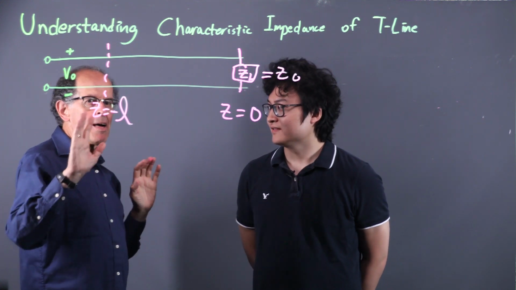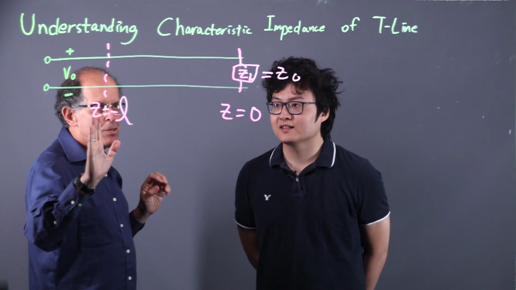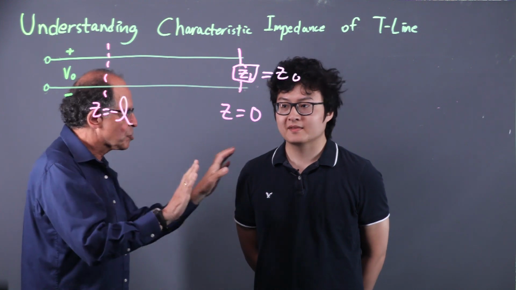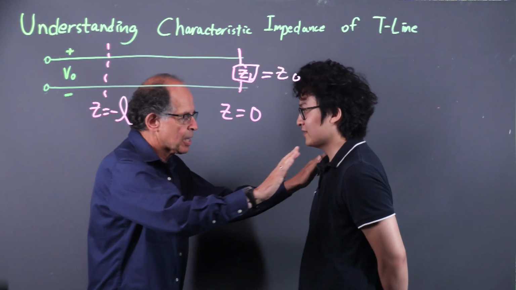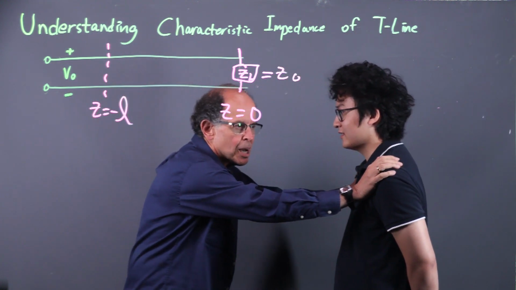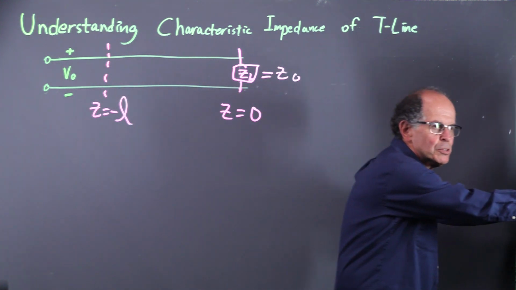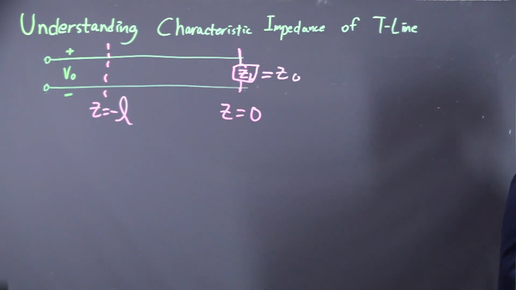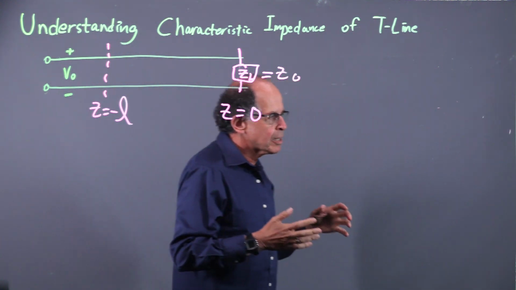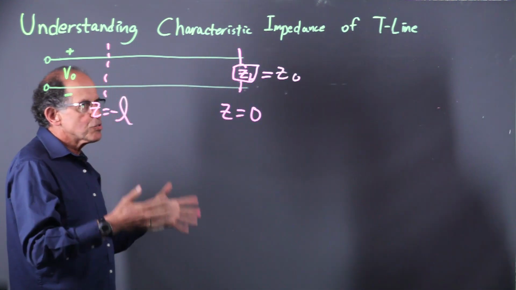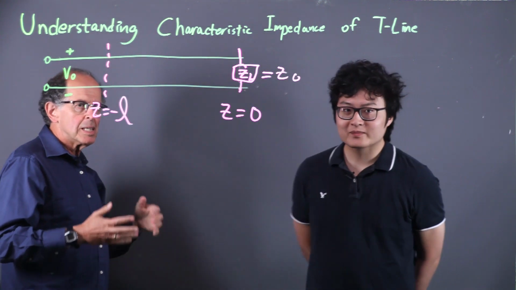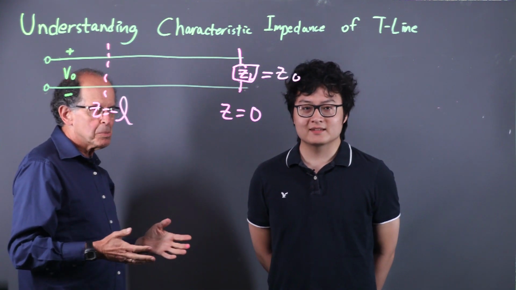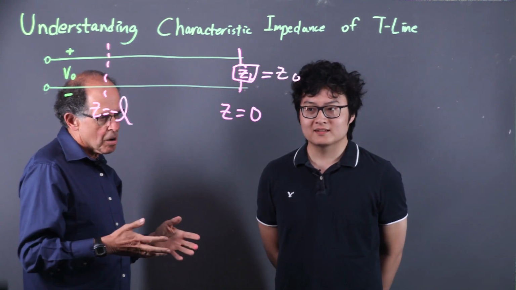So if the wave is coming and it's always seeing Z naught, this is what's going to happen in terms of pushing. I'm pushing, I'm pushing, I'm pushing at a constant speed all the way down the line. And it doesn't matter because the impedance that I see in pushing is always going to be Z naught.